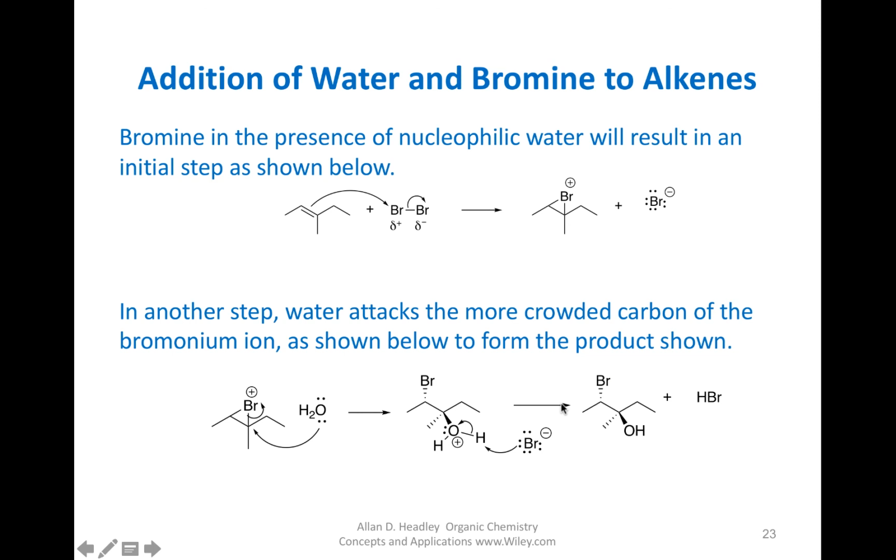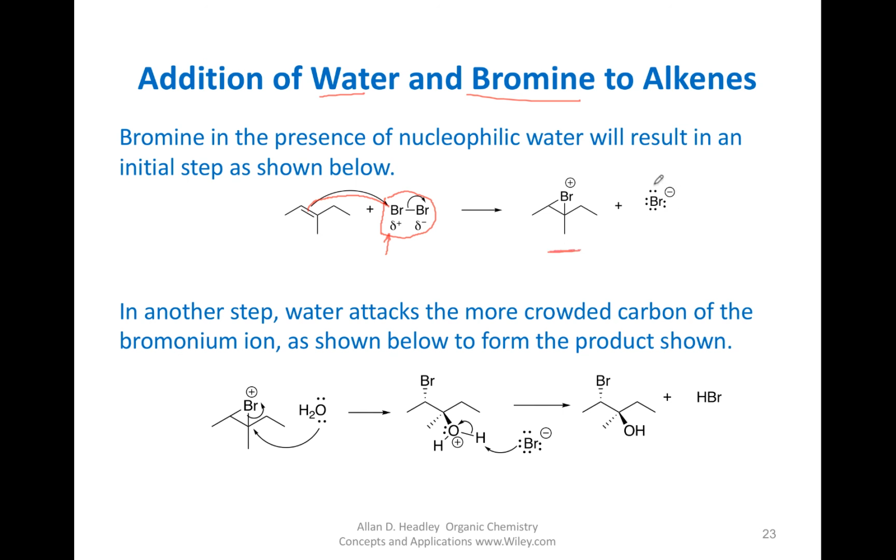Okay, let's look at a reaction in the presence of water. So we're adding bromine in the presence of water. As you can imagine, bromine is very reactive and polarizable, so it's possible for one end to be partially positive. These electrons, which are nucleophilic, will react with the electrophilic end of bromine to create again the bromonium ion.